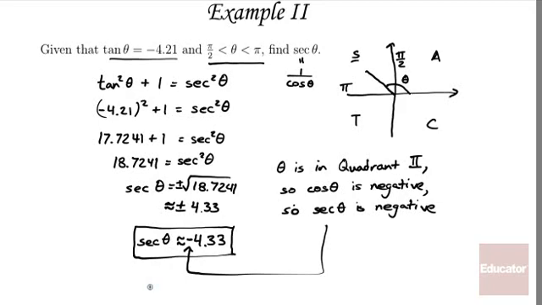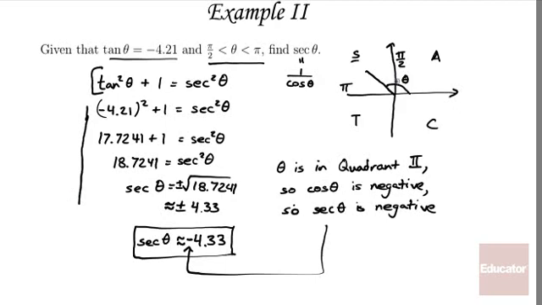So the key to that problem is, first of all, invoking this Pythagorean identity: tangent squared plus 1 is equal to secant squared. So that's very important to remember. We plug in the value that we're given, and then we work it through and we try to solve for secant theta, but we get this plus or minus at the end because we don't know if we want the positive square root or the negative square root.